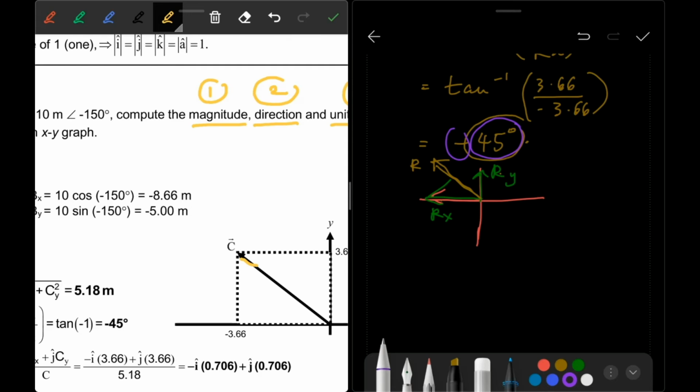So 45 means 45 from the x-axis. This is 45 degrees. So you can state the direction. The direction, or theta, will be 180 minus 45 is equal to 135.